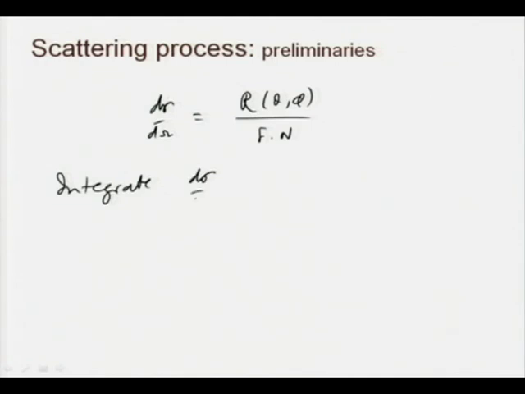Integrate d sigma over d omega to get the total cross section. When you say you integrate it, you take small cross sections and add them up, right. That is what integration is. Integration is a continuous addition in the case of continuously changing variables.